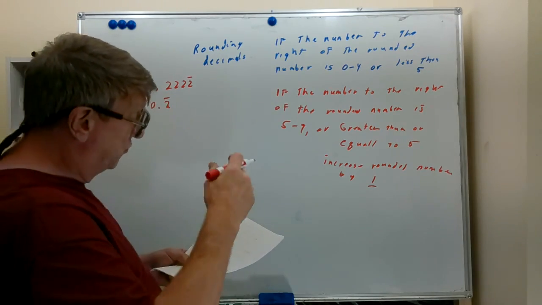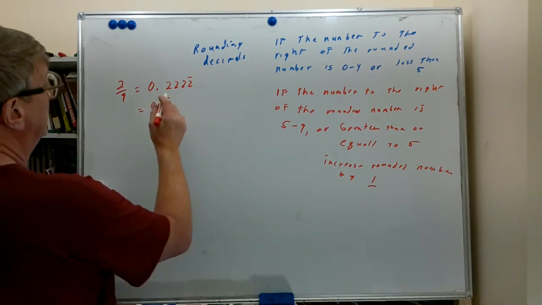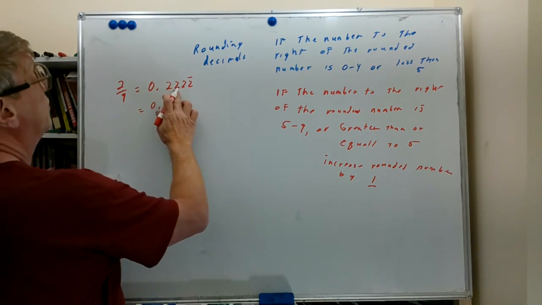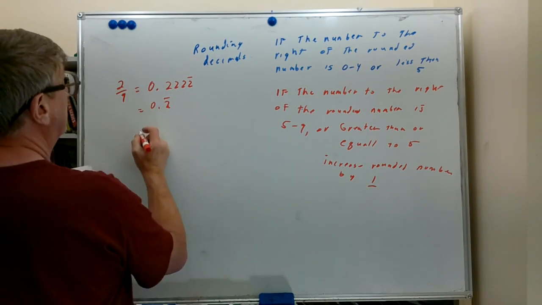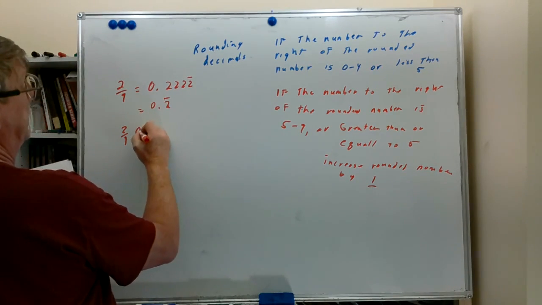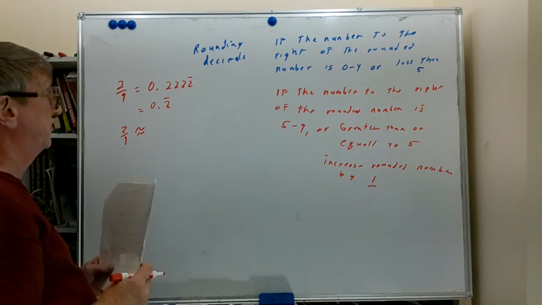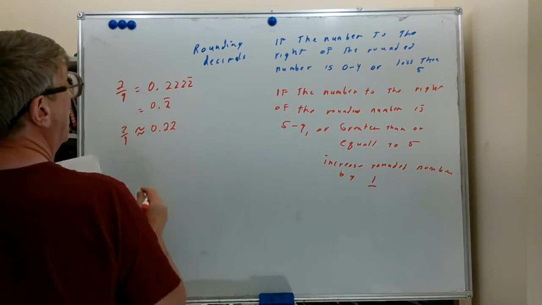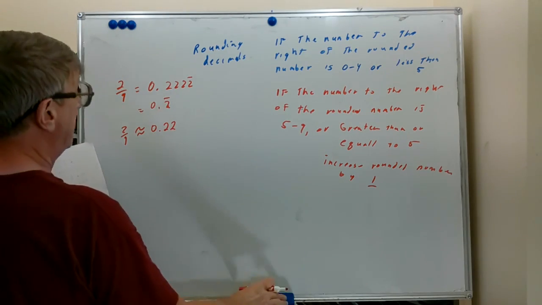Well, if we were to round this to 2 places, we want the last number to be the 2, so we'll say 2/9, and now we're going to use this approximately equal symbol because we've rounded this. 2 significant digits.